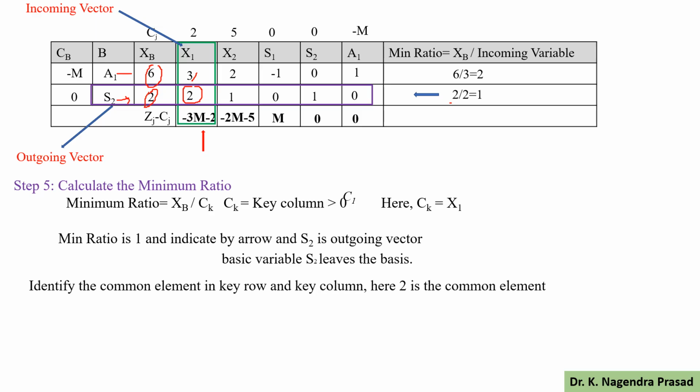Here the key row is the S2 row and the key column is the x1 variable column. So among this row and column, the common element is 2. So 2 is the key element. So next step is to construct the new simplex table by entering the incoming variable.